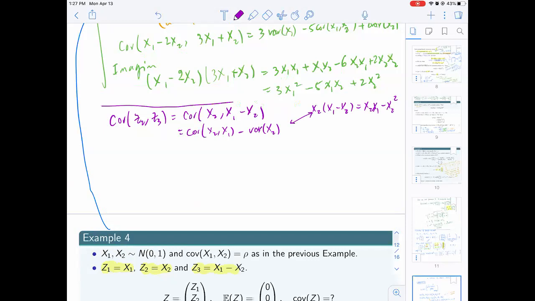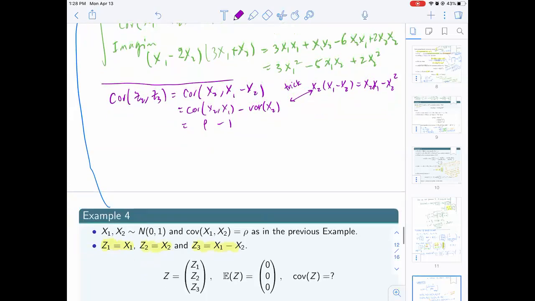Just a trick, I would say. So that would be rho minus 1. Right. And how about variance of Z3? How do we directly compute variance of Z3?